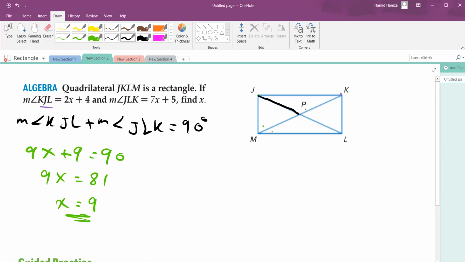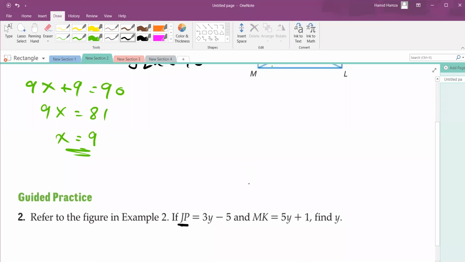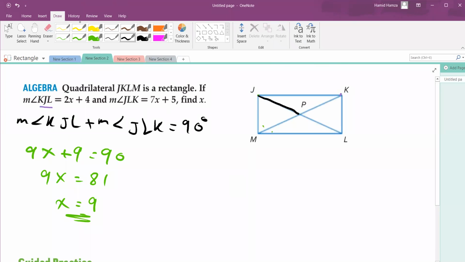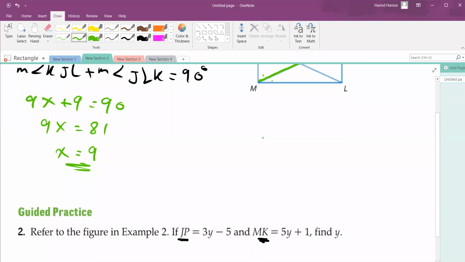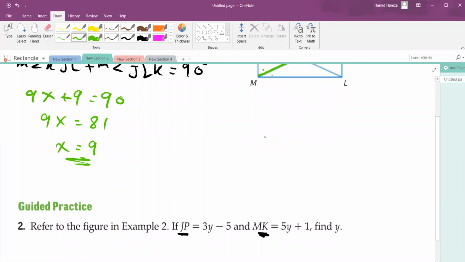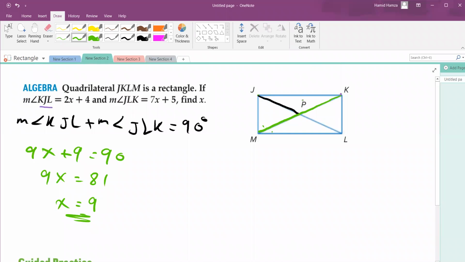So you have 4 parts for the diagonal: JB, KB, ML, LP. All of them are parts of the diagonal, and all of them are equal. Okay, Karim. So where is MK? MK, all of this, is 5y plus 1.